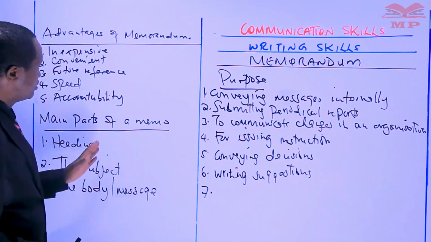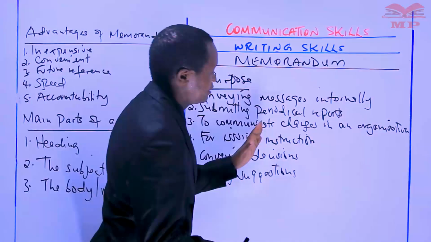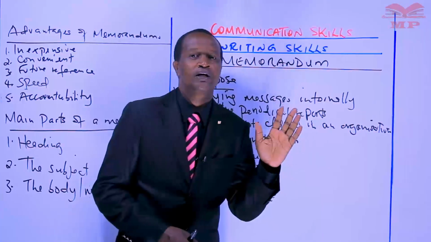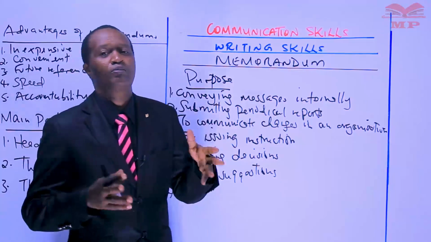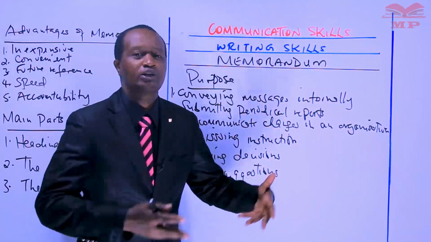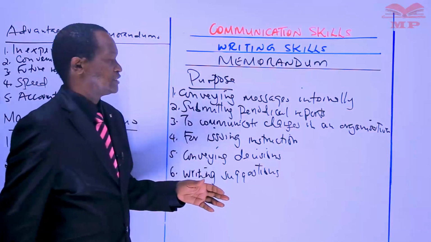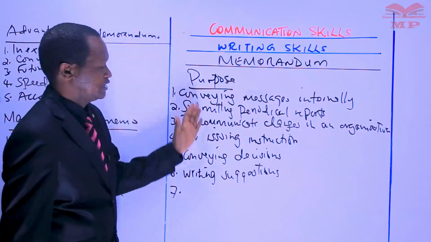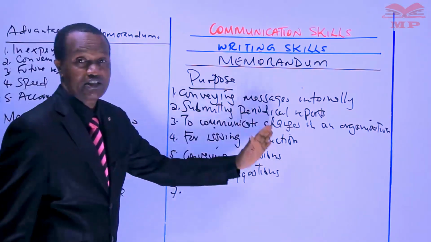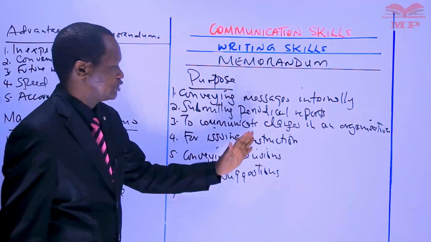So candidates, that will mark the end of today's lesson. We have discussed a memorandum as a form of written downward communication between managers and subordinates. We've said that memos serve different purposes, like conveying messages internally, submitting periodical reports.